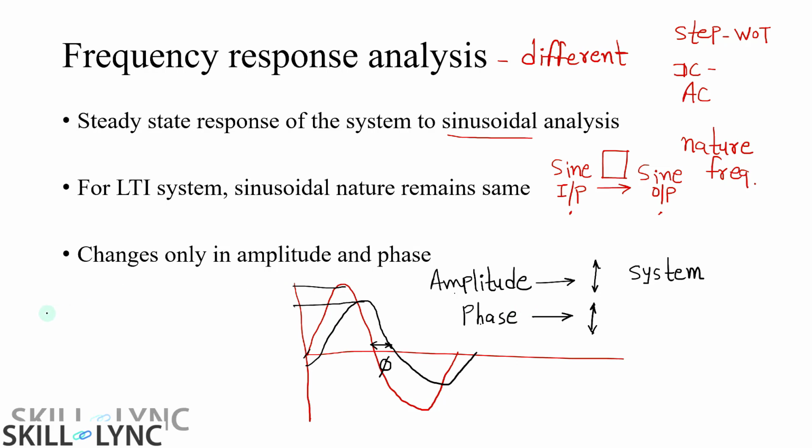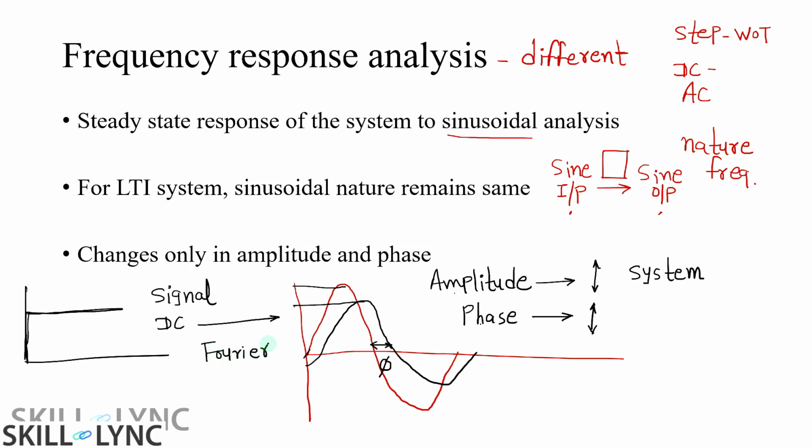Now you may be wondering that one time we have considered the step response like this. So this is a step response or the step input, and then we are considering the sine input, and how we can correlate this step with the sine. But ultimately, if you consider the fundamental behavior of the signal, a signal which is DC or step in nature can also be expressed as multiple sinusoidals superimposed together, and that is what is known as a Fourier series, right?